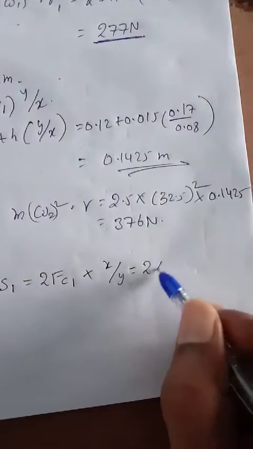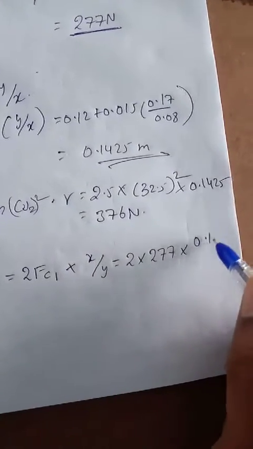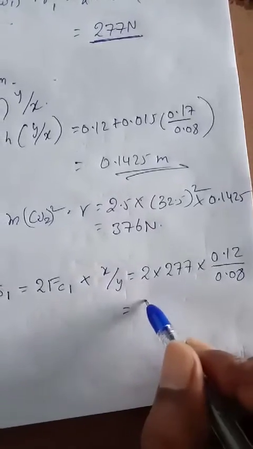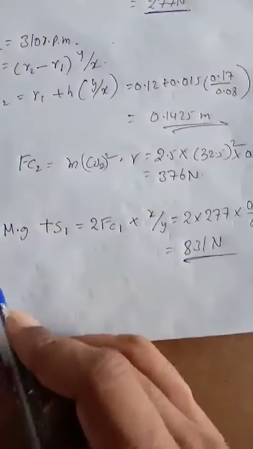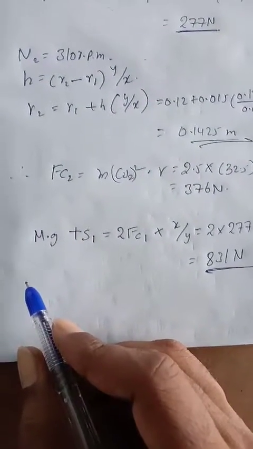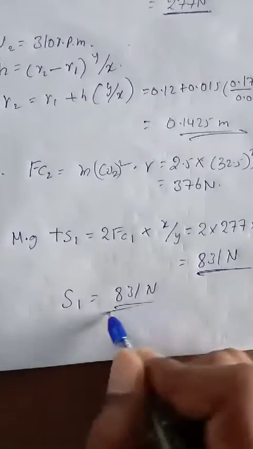So that is equal to 2 into 277 into 0.12 divided by 0.08. So that is equal to 831 newtons. Okay, so then S1 is equal to 831 newtons.